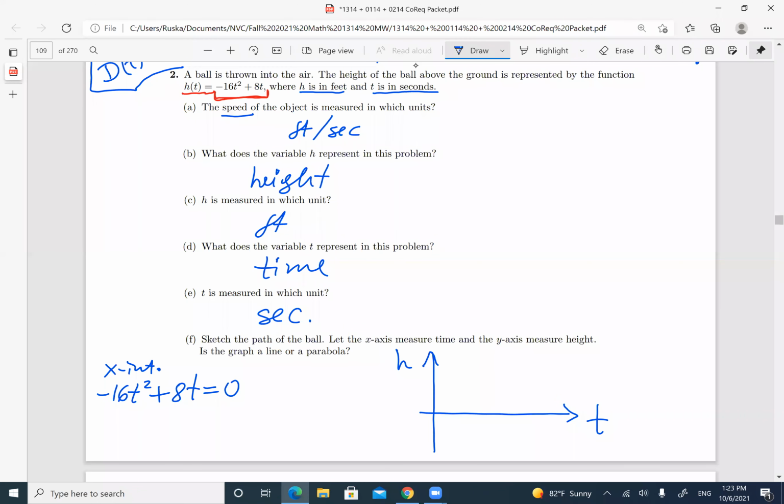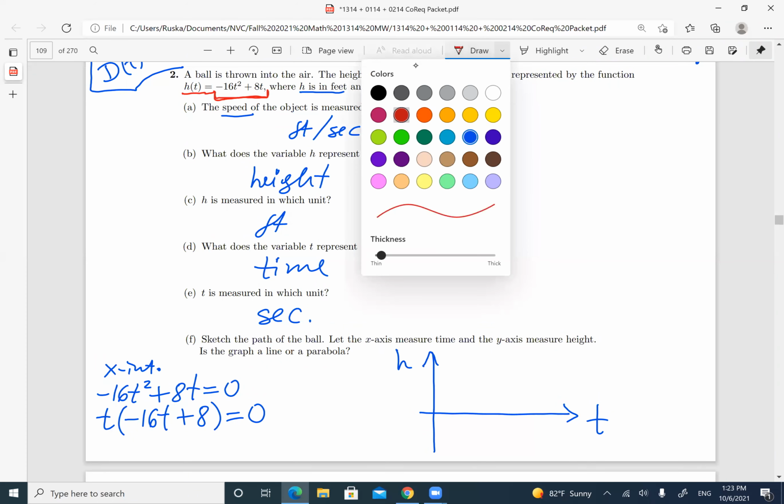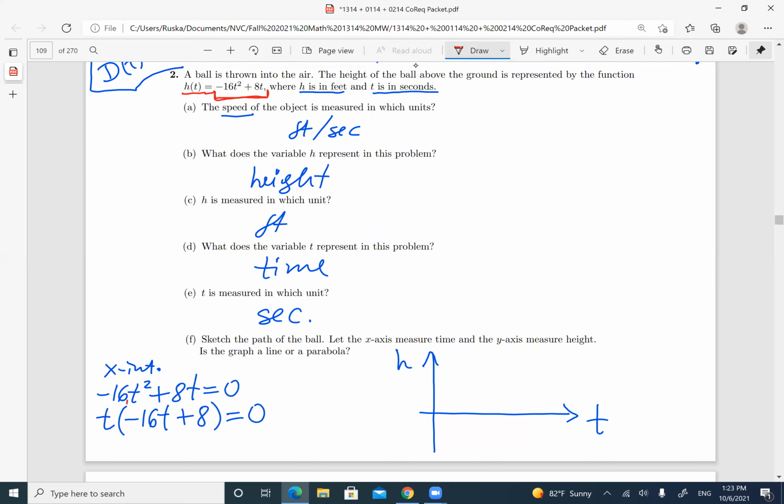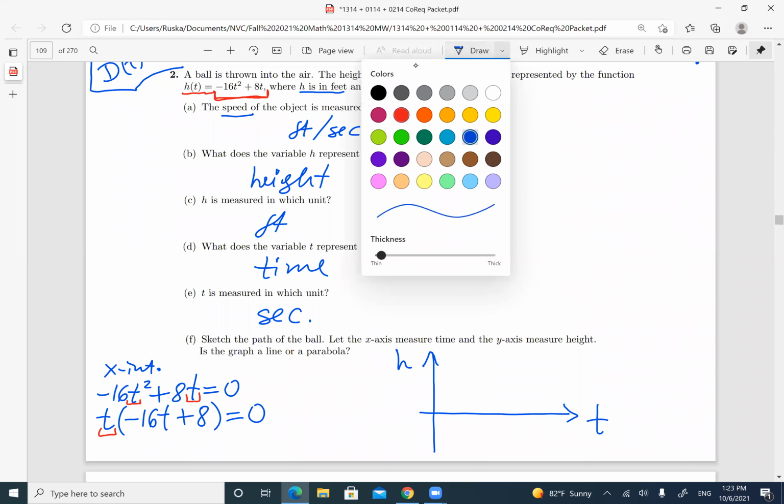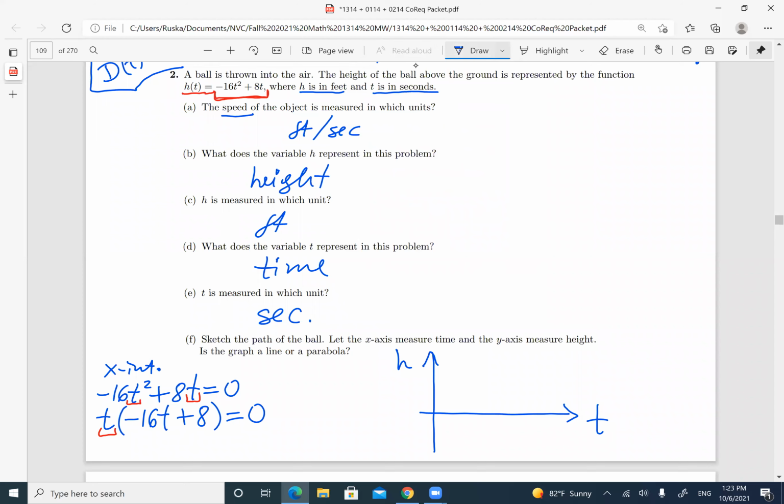I pull out t, and I have t times negative 16t plus 8 equals 0. Everybody understand that? I'm taking 1t from each of the terms, and that t goes in front. After that, I solve t equals 0, and the other factor equals 0.